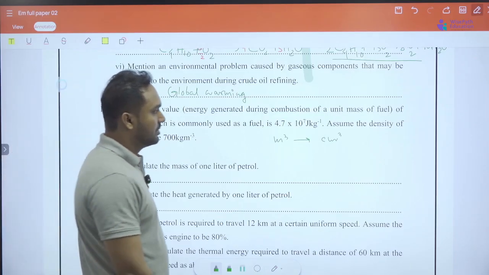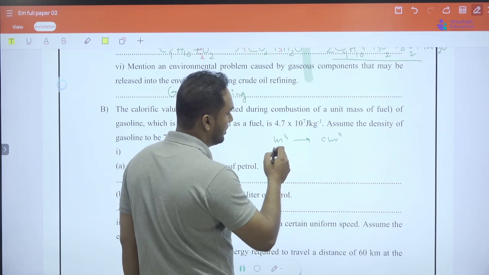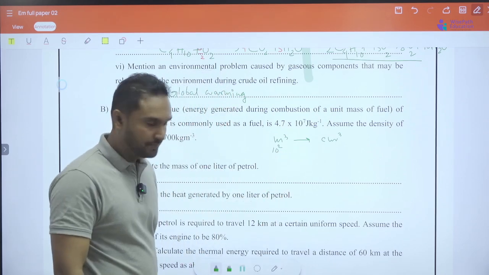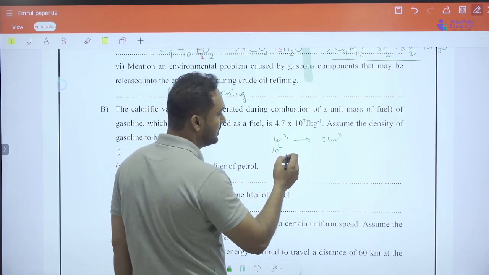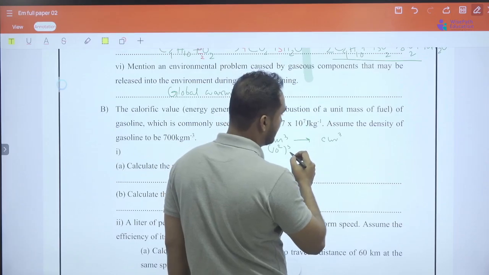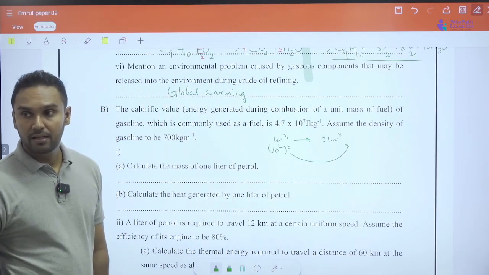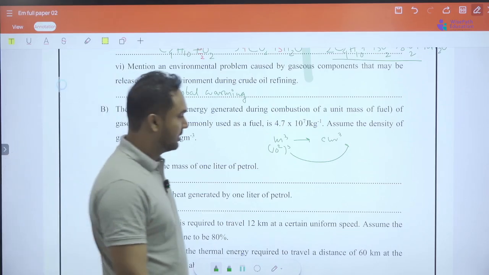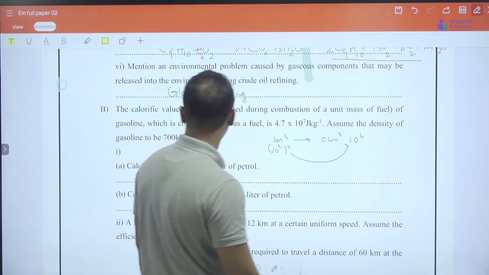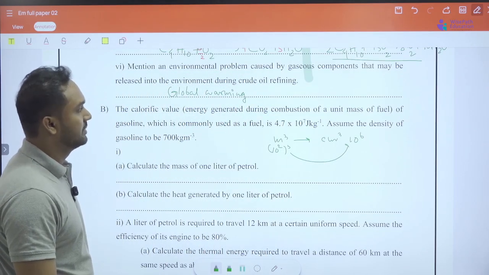To convert cubic meters into cubic centimeters, you multiply by 100 three times, so that will be 10 to the power 6 cubic centimeters.